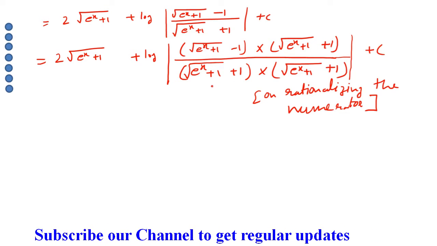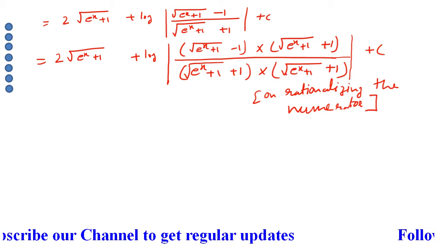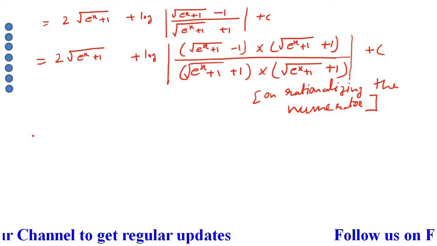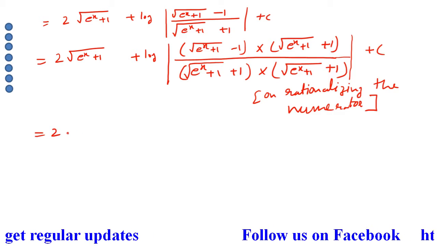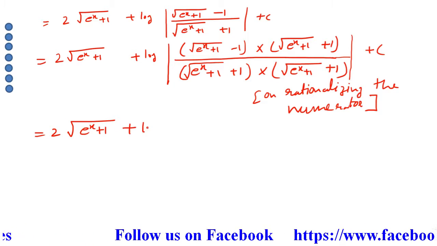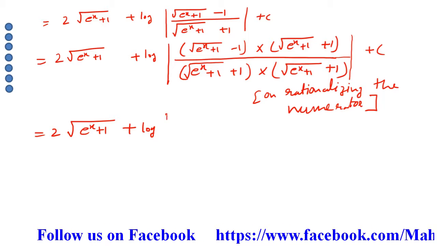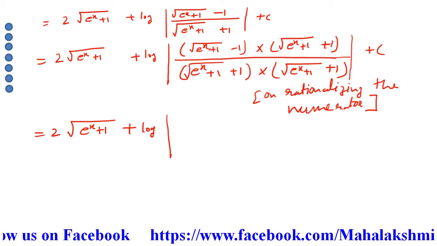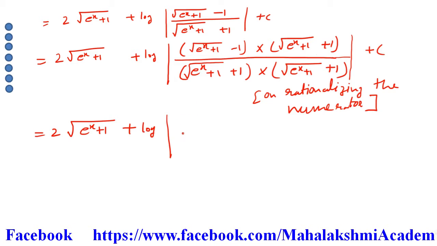Now here it is in the form of (a plus b)(a minus b), that is a square minus b square, and down it is in the form of (a plus b) whole square. So I am going to use the formula. That will give us 2 square root of e to the power x plus 1, plus log. What I said here, (a minus b)(a plus b) is a square minus b square.